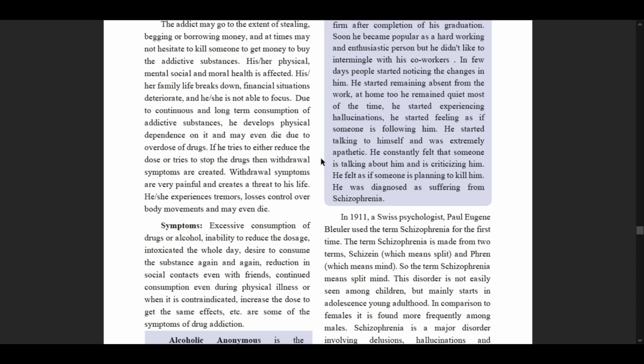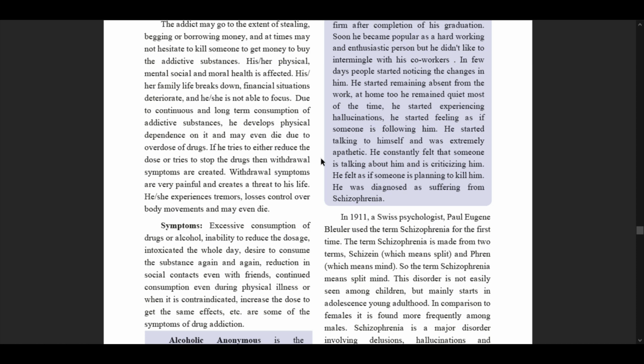So now we get to reading the symptoms that would occur for such addictive substances to be consumed. Symptoms: excessive consumption of drugs or alcohol, inability to reduce the dosage, intoxicated the whole day, desire to consume the substance again and again, reduction in social contacts even with friends, continued consumption even during physical illness or when it is contraindicated. Sorry, there's some typo here.